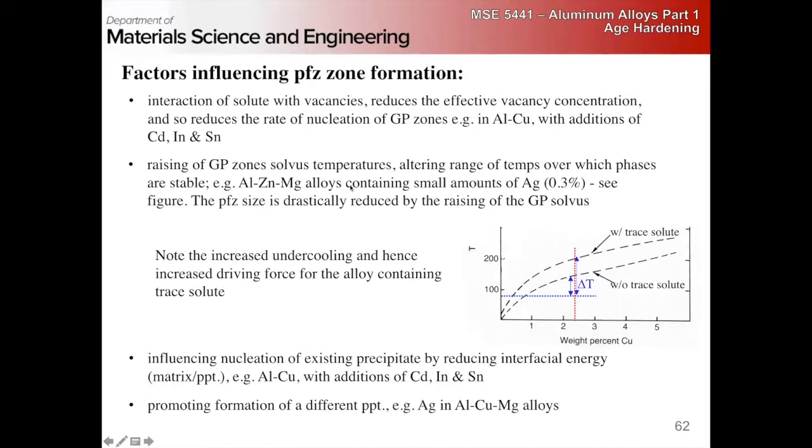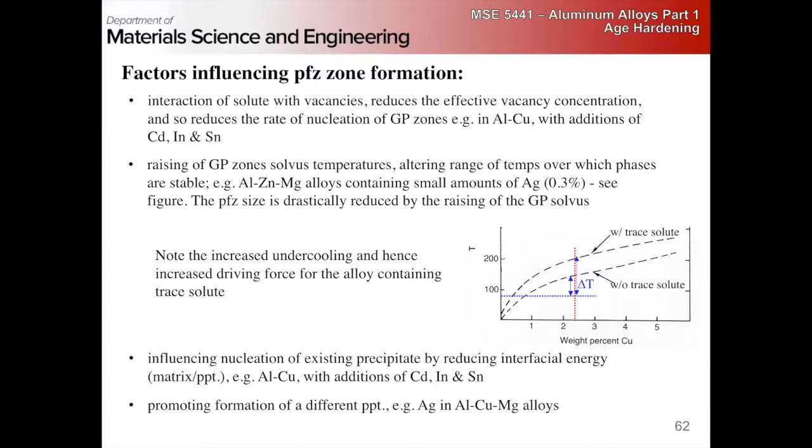Trace elements can also raise the GP zone solvus temperature. So if we raise the solvus temperature, we are doing what? If we're aging here, we have a larger undercooling, right? Larger undercooling means what with respect to nucleation? Higher driving force for nucleation.